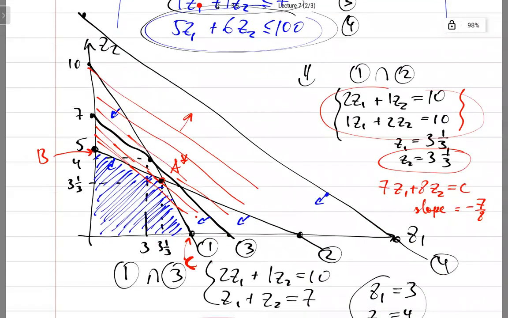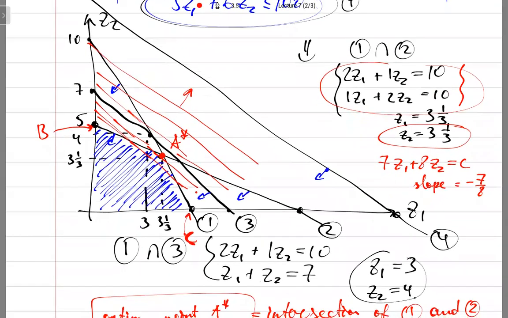I see the point. A belongs to line 1. A belongs to line 2. A does not belong to line 3. And A does not belong to line 4.